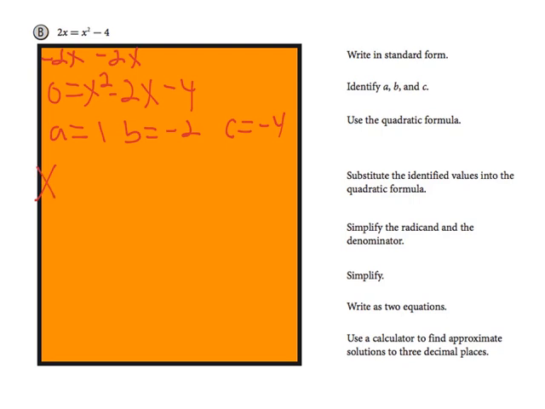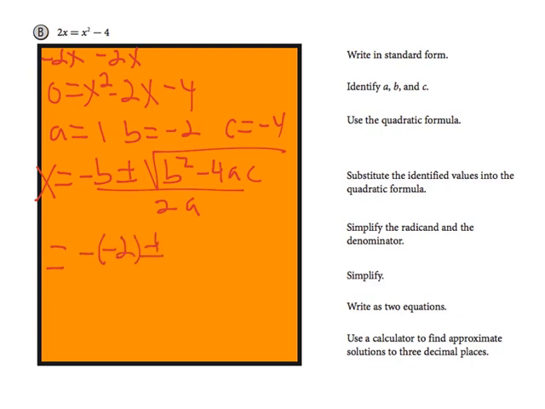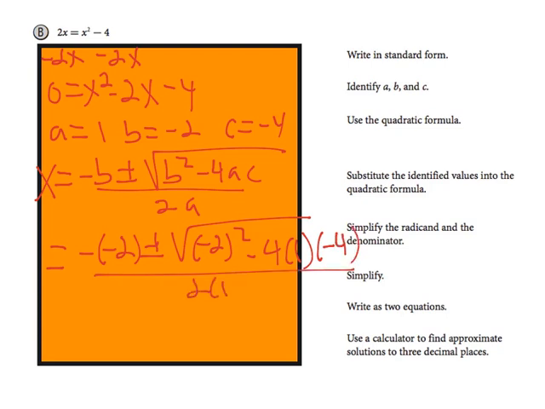Right, so we use the formula x equal to negative b plus or minus the square root of b squared minus 4ac all over 2a. So negative negative 2 plus or minus the square root of negative 2 squared minus 4 times 1 times negative 4, all over 2 times 1.